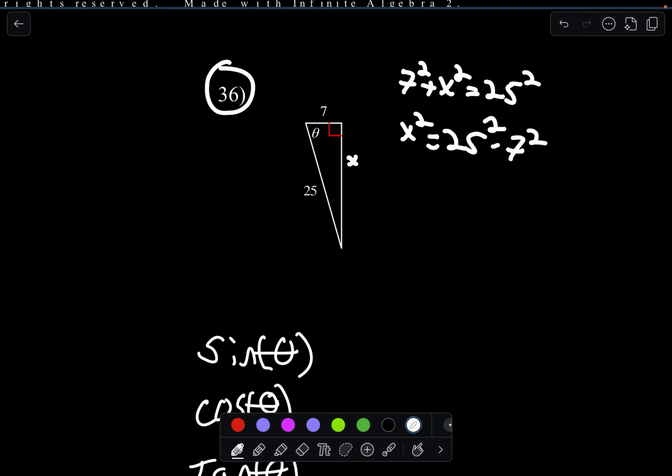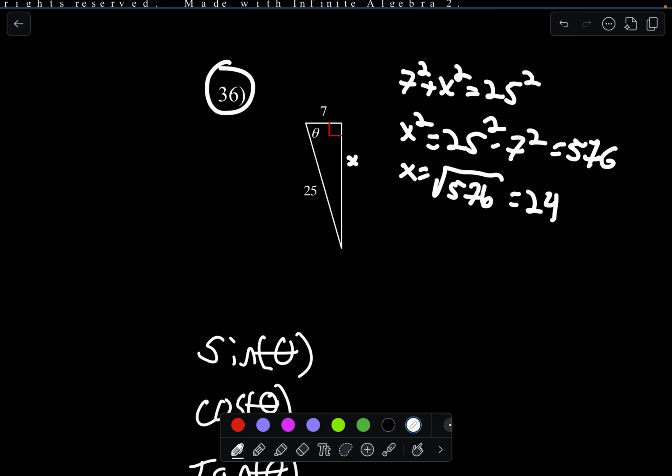And 25 squared minus 7 squared is 576. I know that's a perfect square. So x equals the square root of 576, which is 24.